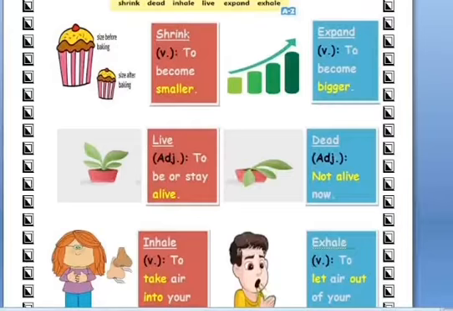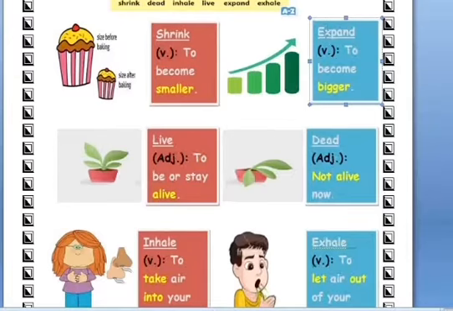The first word is shrink. Look at this picture. This is before shrinking and this is after. So shrink is a verb, means to become smaller. The opposite or the antonym of the word shrink is the word expand.